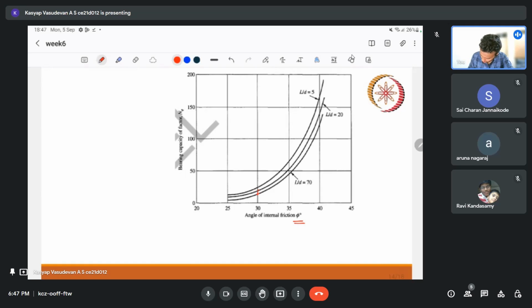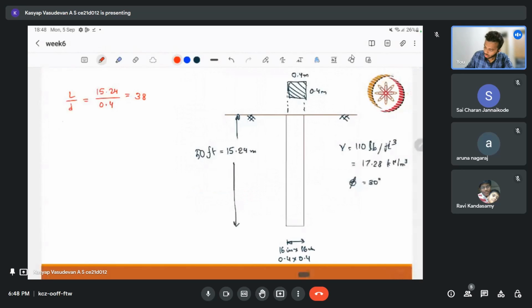If we draw a line from here, I think I can write it as 20. It depends on your judgment. It might be here and there, but let me take it as 20. So our NQ value is 20.